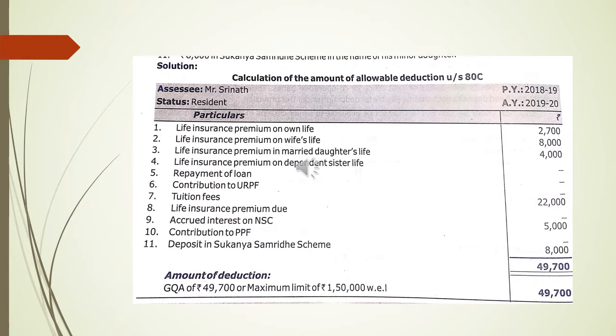But the actual amount which is allowed is 49,700, your actual investment, or rupees 1,50,000, whichever is less. So the lesser amount is 49,700. You are eligible to claim 49,700 as deduction under section 80C from your gross total income.